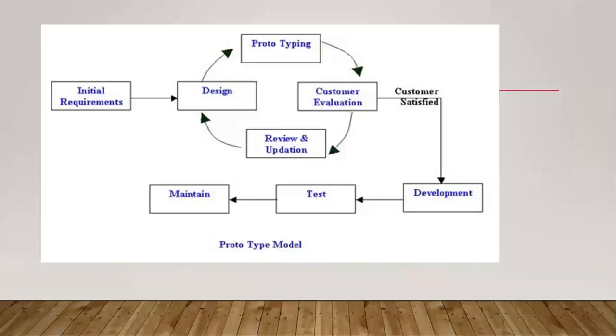Whenever we are going to execute our project by using the prototype model, first of all the customer and developer will start with initial requirements only. They have a small number of requirements for that particular project, isn't it? Why? Because that is a new project. Exactly, they don't know what the product needs.